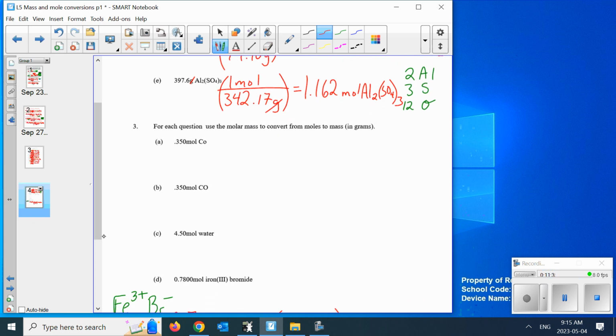These ones start off simple. Actually, these are simple. Cobalt. This time we've got to get rid of mole, so I put mole on the bottom. You know what to cancel when I put the grams. Cobalt. I find cobalt in the center. 58.93.